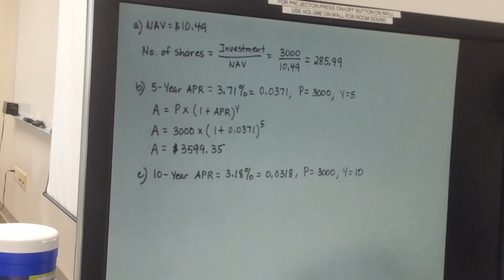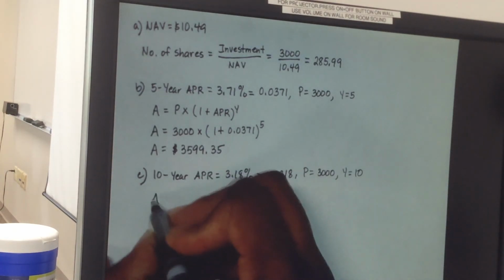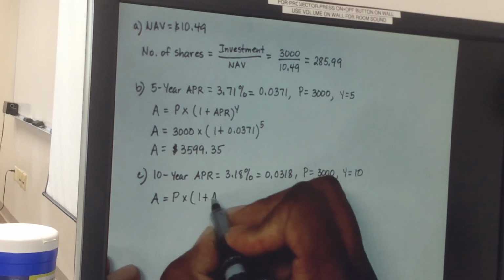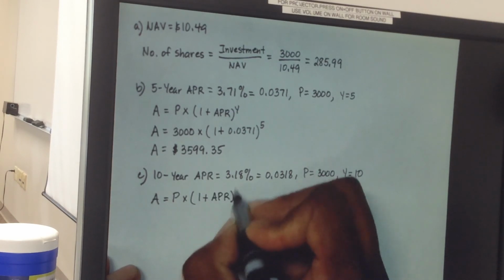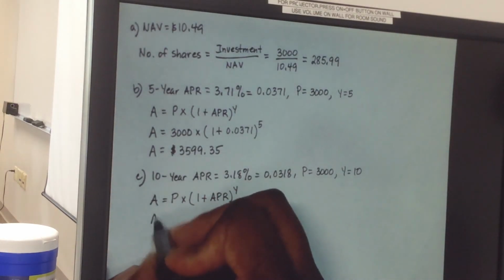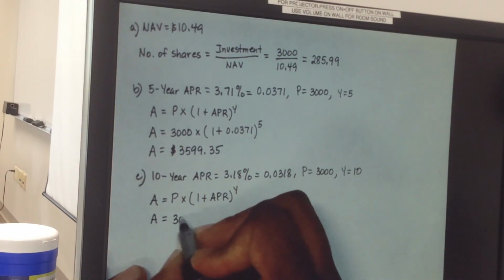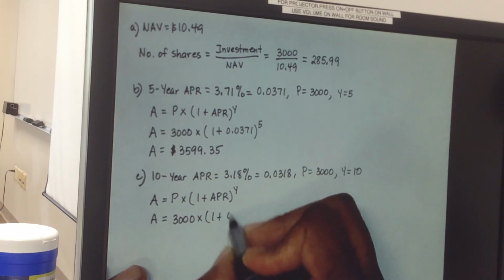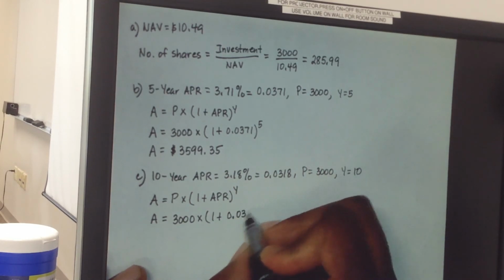So in this case here, we're going to still use that formula in part B. A is equal to P times the quantity 1 plus APR raised to the Y power. We're using that because we're dealing with an annual interest rate in this case. So your P is 3,000 times 1 plus your APR of 0.0318.